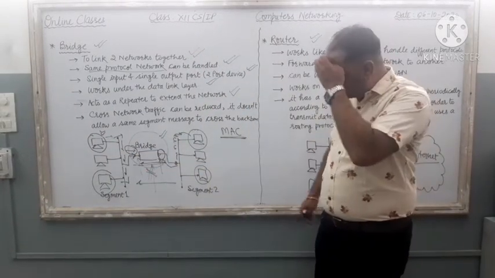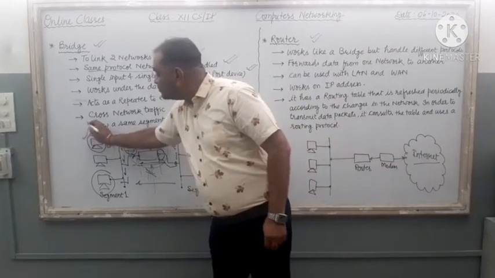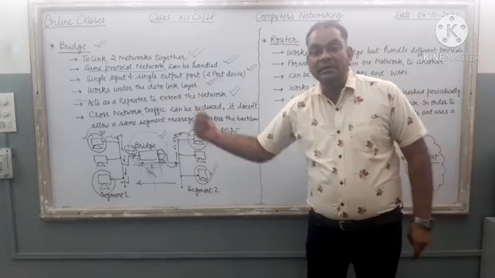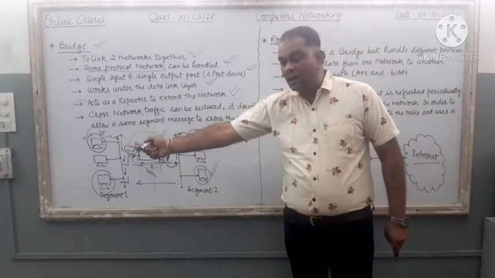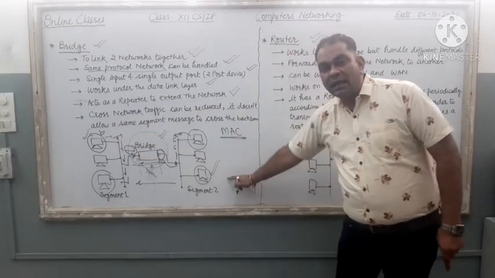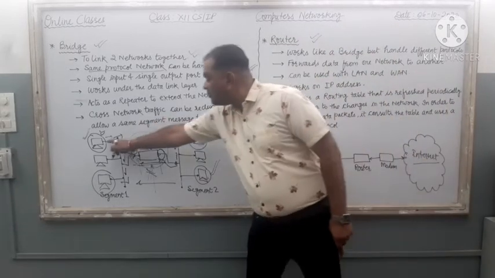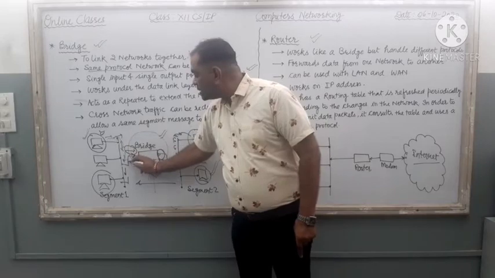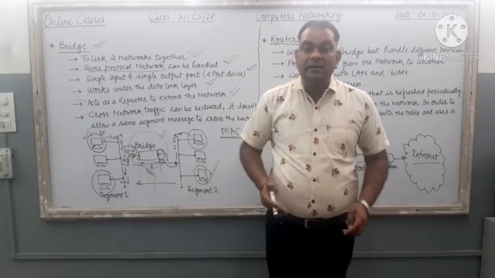Right? Now the next situation, if this PC wants to send something to that PC. Both the PCs are in different segments. It is there in the Junior Computer Lab. Now, if this PC wants to send something to this one, the message travels from here, approaches the bridge, and the bridge checks the message.